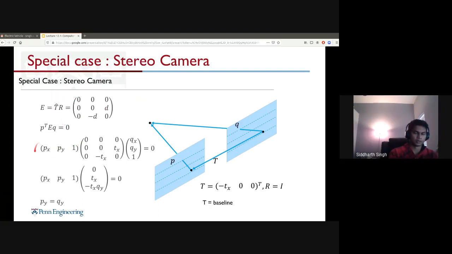So now I know the essential matrix, and I have a point in this coordinate frame, and I have a point in this coordinate frame. What does that help in? Okay. Does each point in the world give you an epipolar plane? Each point in the world will give you an epipolar line, which is corresponding to that point, and it would lie on the epipolar plane.